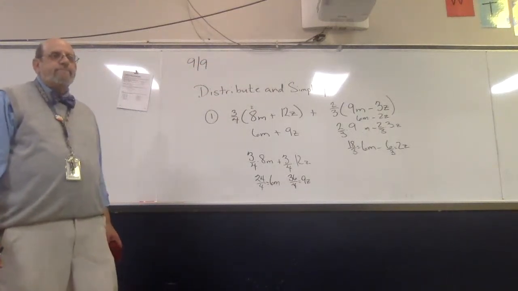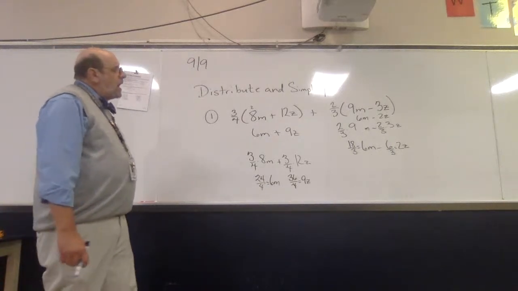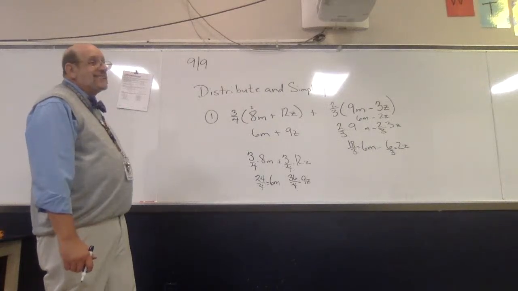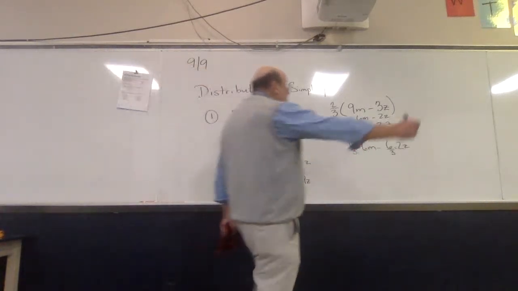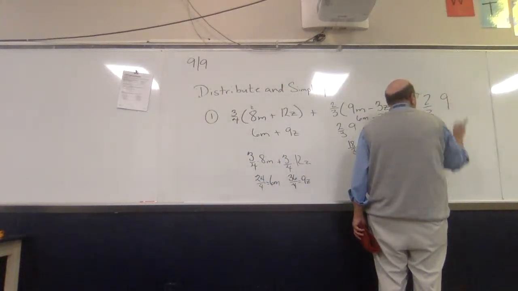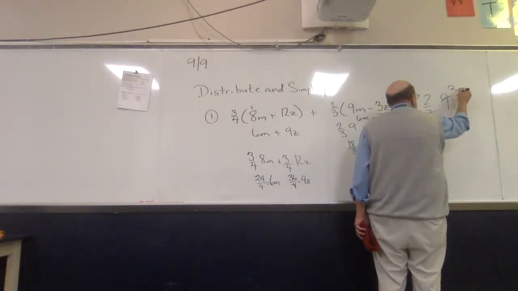Can I share my way of multiplying fractions? So I take, say, 2/3 times 9. I divide 9 by the bottom number, so I get 3.